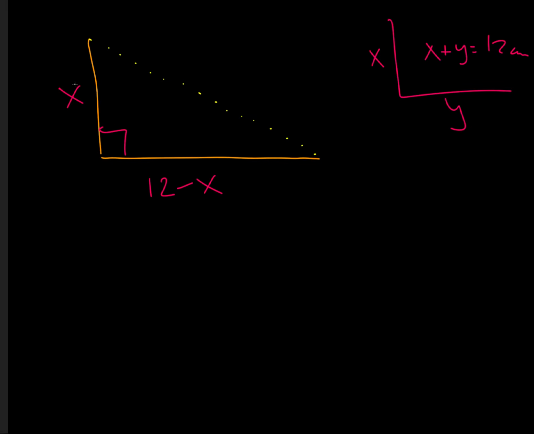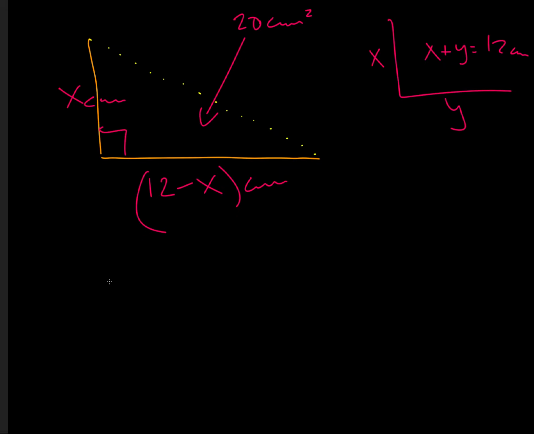Because if we use up some of it, let's say 2 centimeters, then we would say 12 minus 2, and that would get us 10. So hopefully that makes sense. Once again, these are measured in centimeters. And then we know that the area of this is 20 centimeters squared.